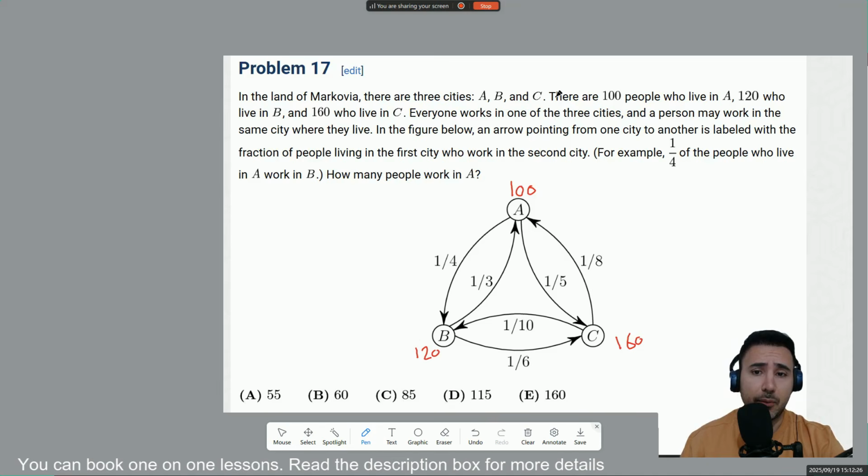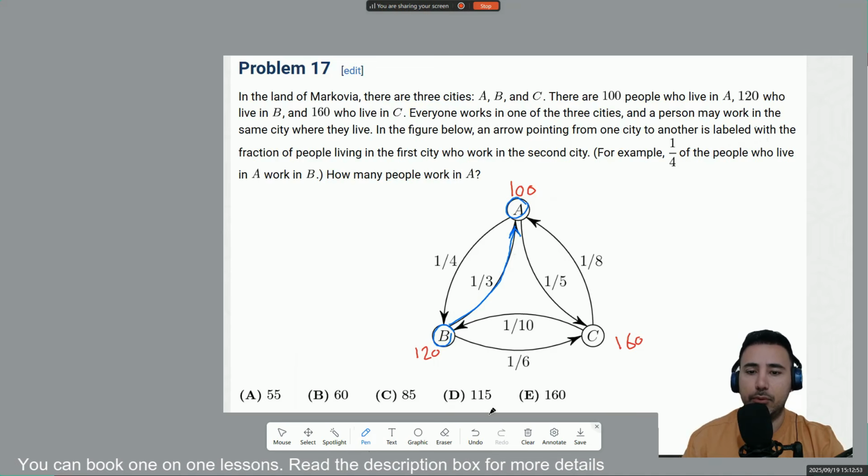In the figure below, an arrow pointing from one city to another, for example like this, is labeled with the fraction of people living in the first city who work in the second city.